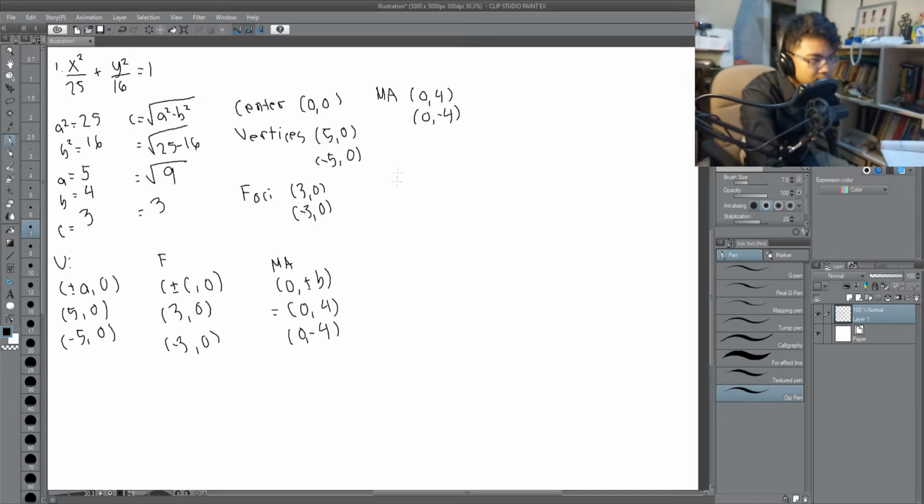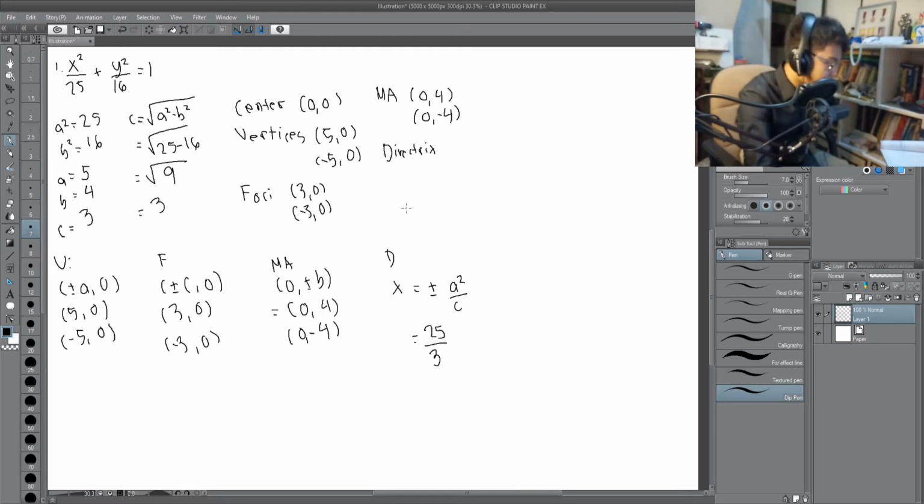The next thing you have to solve for now is the directrix. The directrix can be easily solved by the formula x equals plus minus a squared over c. I'm gonna substitute it. A squared is 25, over 3.